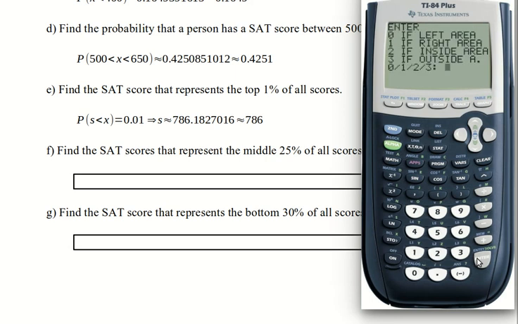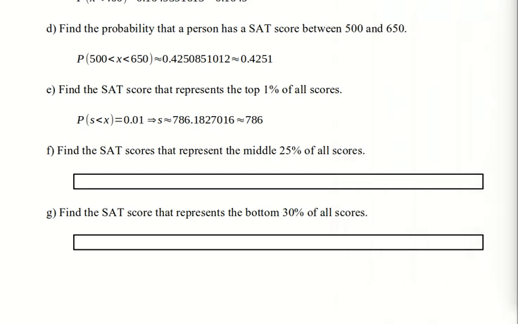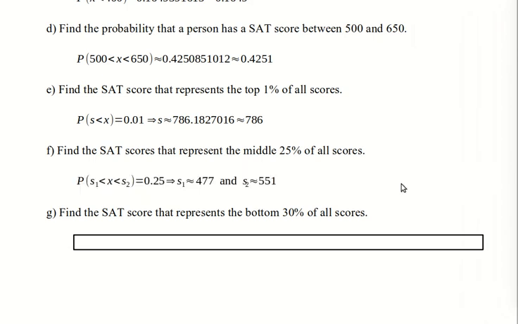We're interested in the inside area. That will be interpreted as the middle area, symmetric about the mean. And so there's our boundaries, 477 to 551. So we're interested in the two boundaries that bound 25% of the middle scores, an SAT score of 477 to an SAT score of 551.